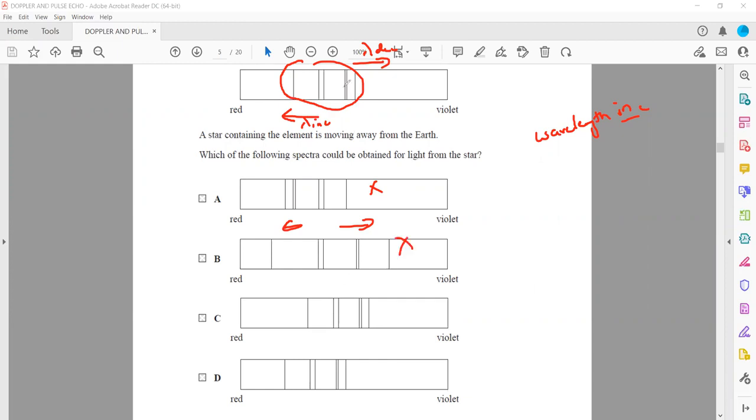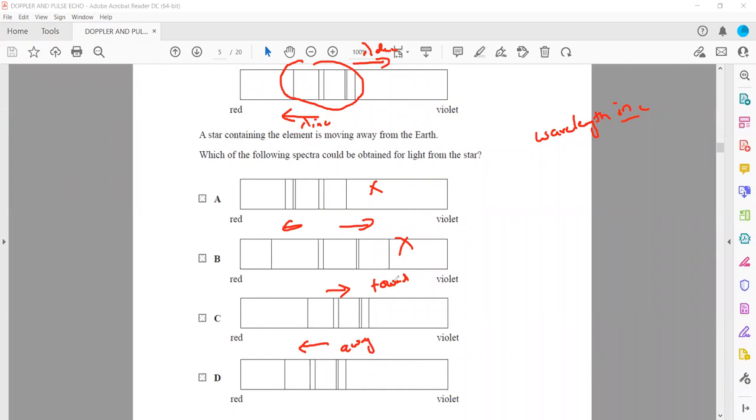When we check C, the pattern is the same, but it is shifted towards the blue or the violet, which means the object is moving towards us. In D, the whole pattern is shifted towards the red, so the object is moving away.